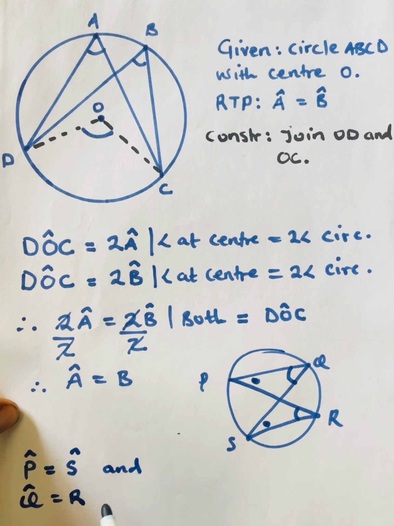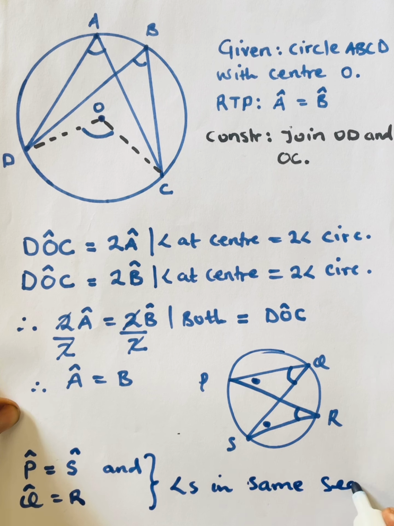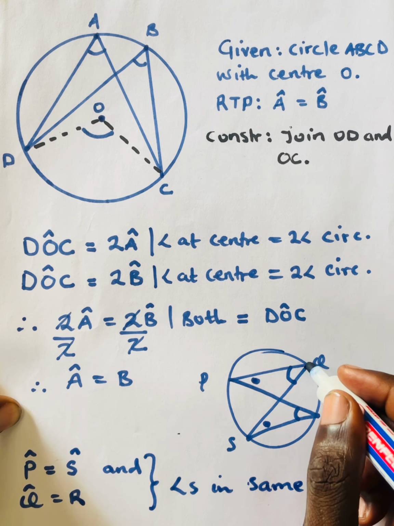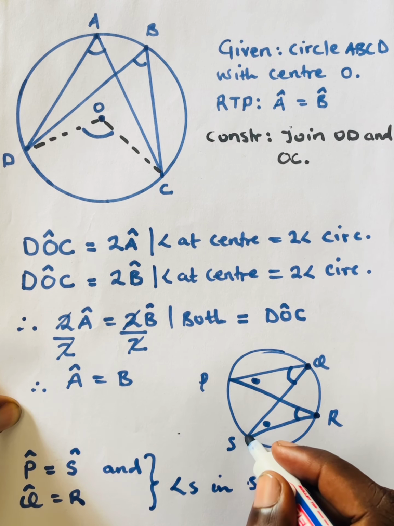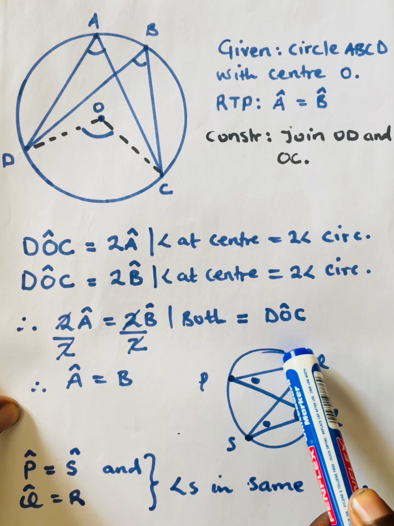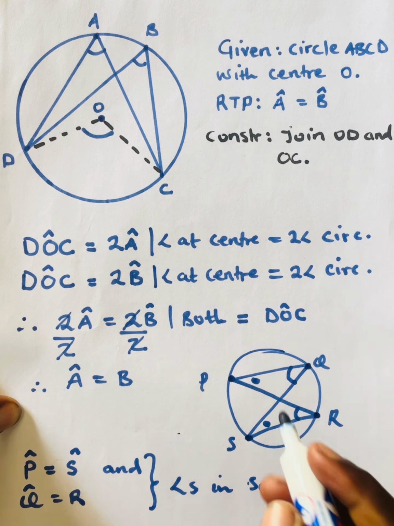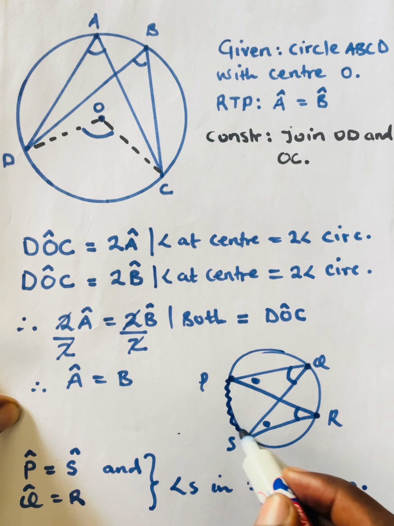So why is this true? The reason for both of these is angles in the same segment. Every time you see this in an exam, as long as these 4 vertices touch the circumference, always remember that the angle here at the circumference is equal to the angle here at the circumference, because they are both subtended by the same arc.